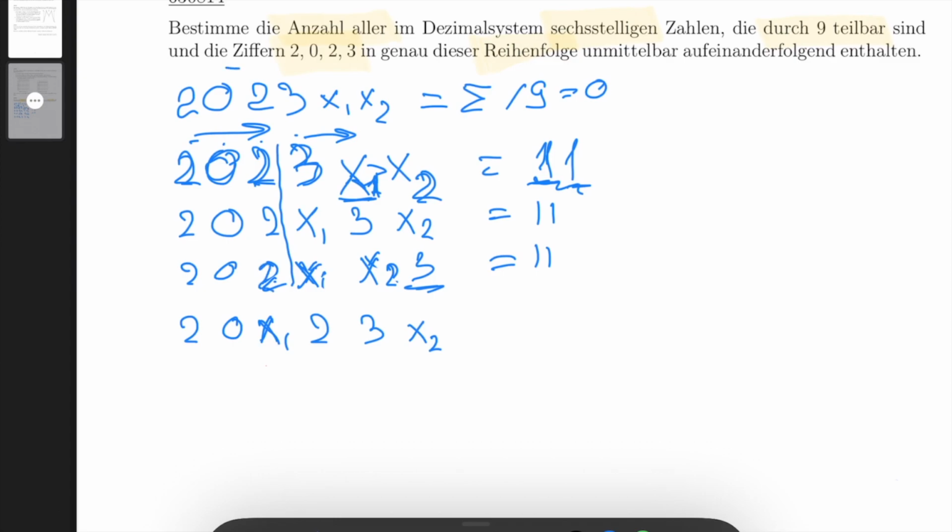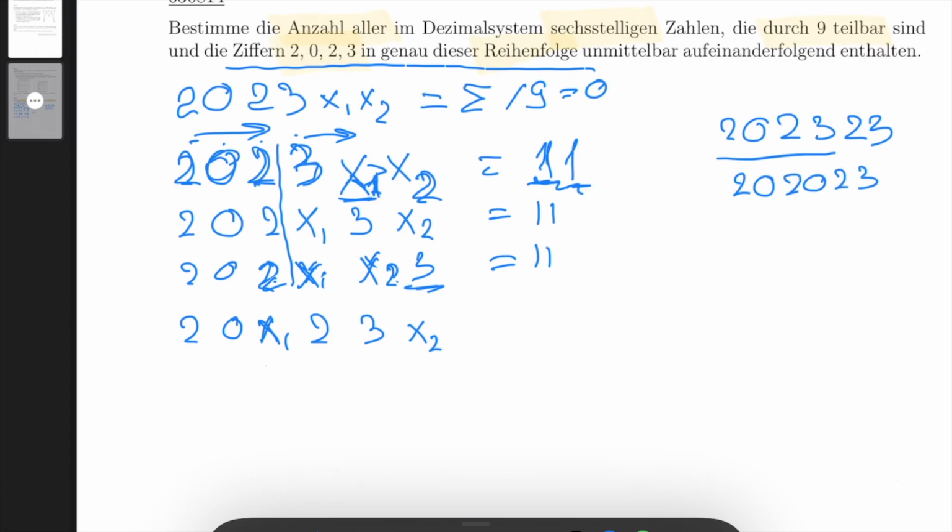The question for this task is whether we can have a number with 2, 3 repeated, like 2, 3, 2, 3. This is the question you should ask in the beginning, when you read the task. But when we have this one, we shouldn't care whether numbers are repeated or not, so we exclude this case for now.